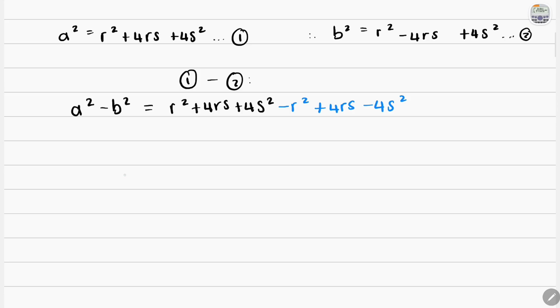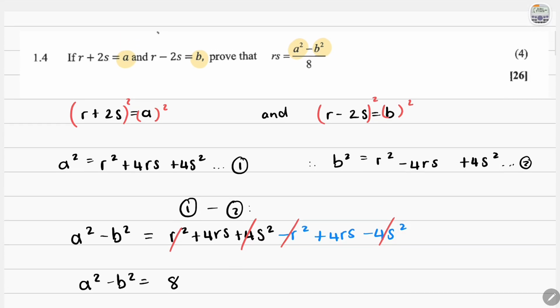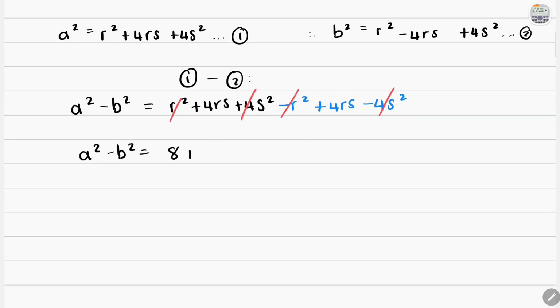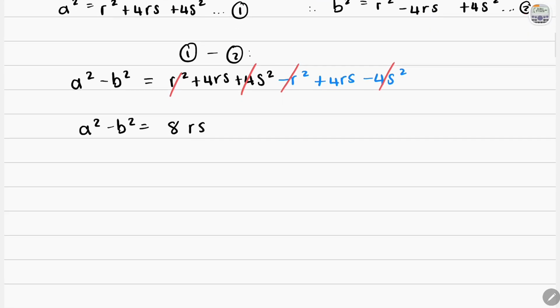And let's see how they simplify. So this is still a squared minus b squared is equal to, and then these cancel. So look at the things that cancel. Those two will cancel, and these last terms will also cancel. So you're only left with these two, which are like terms, and they become 8sr. I'll leave it as rs because I just want to make sure that it is the same.